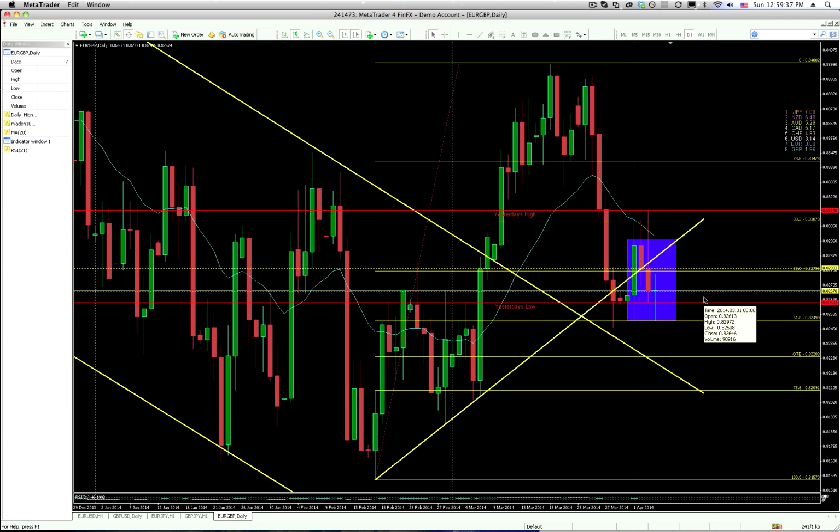The overall bias, I think I would lean more towards long in agreement with Frank. I just wanted to point out some of the other possibilities here as far as a break below this price trap, or the retrace on this particular trend line could also be in play.